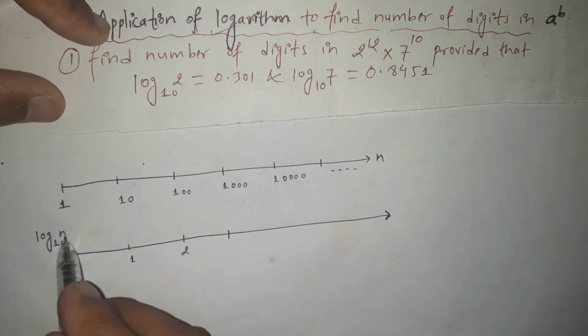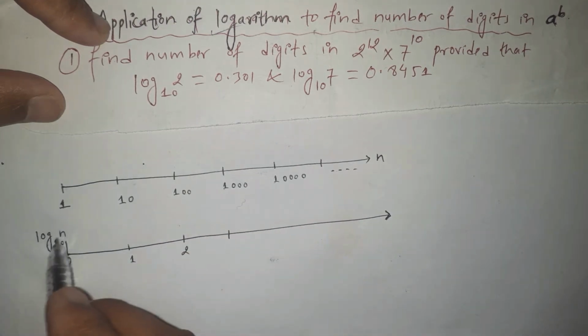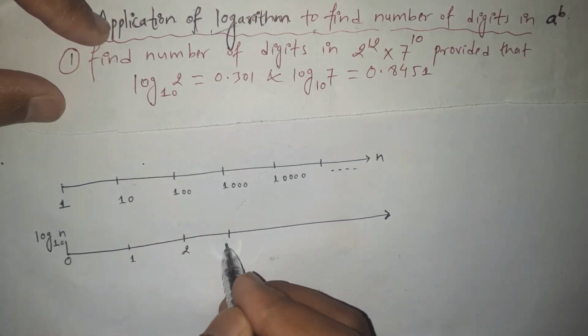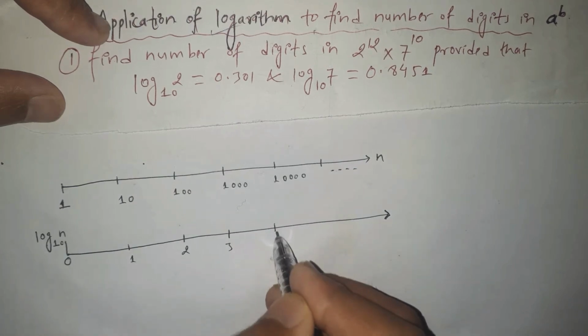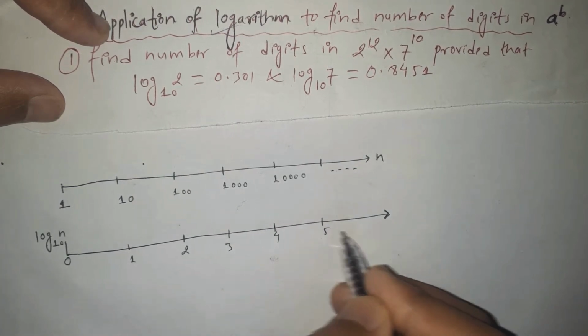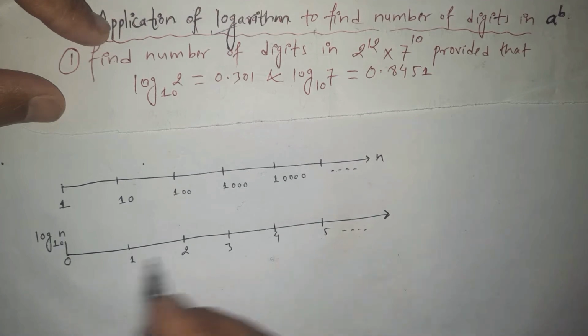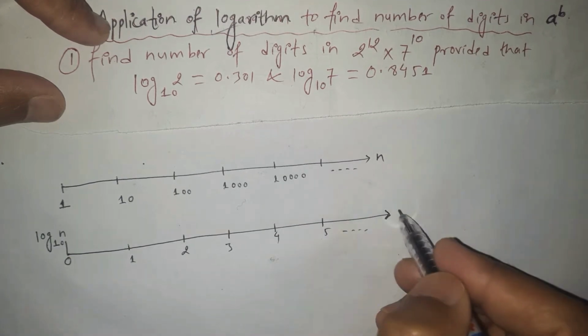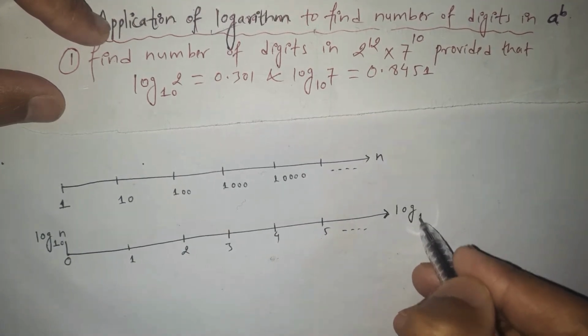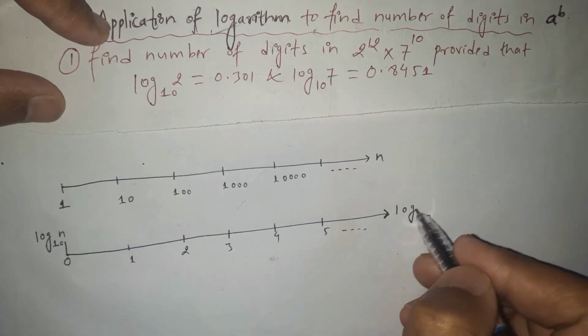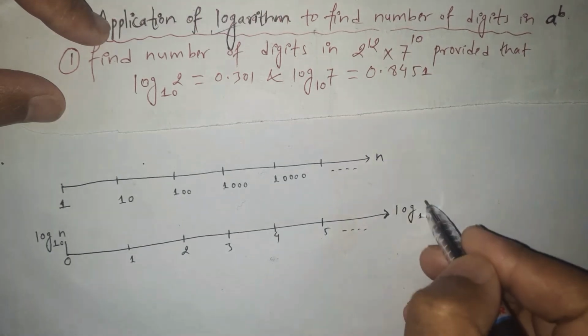Similarly, when the value of n is 1000, then the log of 1000 with base 10 gives 3, and 4, and so on. This scale gives the value of the log with base 10. It is the common logarithm of the input n.